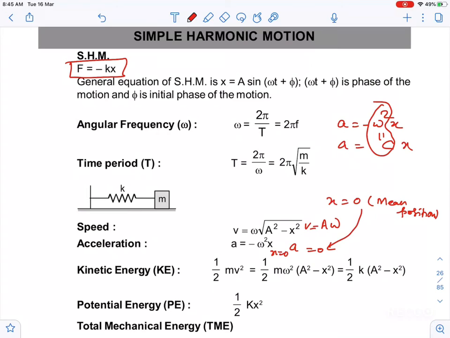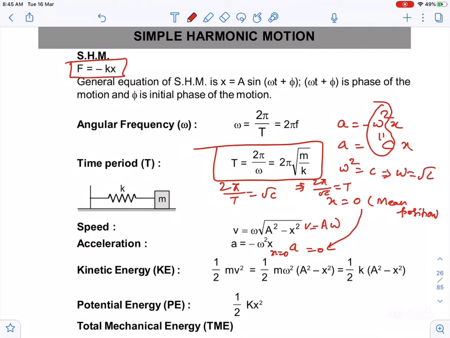This constant is nothing but omega square. Let it be c, so omega is equal to under root c. This omega is nothing but 2 pi by T is equal to under root c. So I can write T is equal to 2 pi under root c, which is the time period.